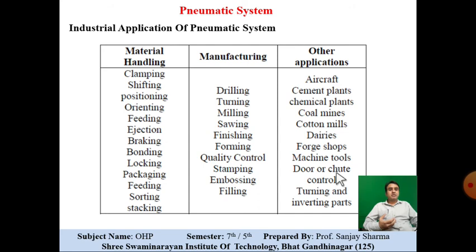So if you want to turn, invert or reverse a part, these are the different industries other than manufacturing where the pneumatic system is used. Even in the food industries, pneumatic systems are very common nowadays, used for handling, machining, filling or different operations.